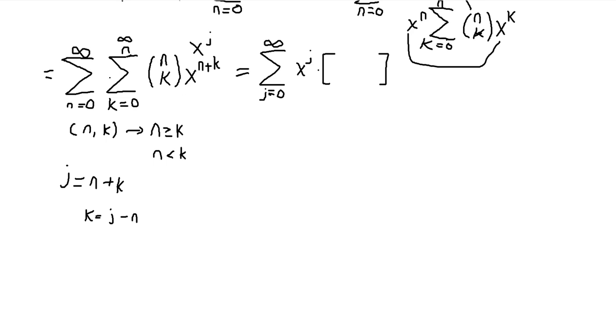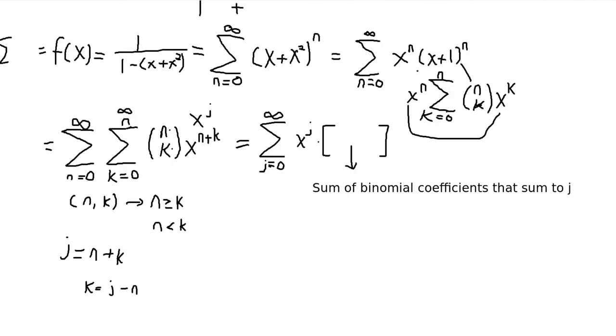And so this double sum means that we have all possible non-negative n and k. And since n plus k is fixed to be j, our coefficient is just the sum of all the binomial coefficients with indices that add up to j. So let me write that. The coefficient is just the sum of the binomial coefficients that sum to j.